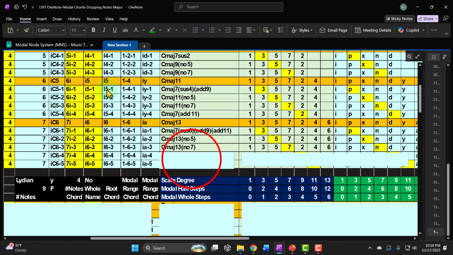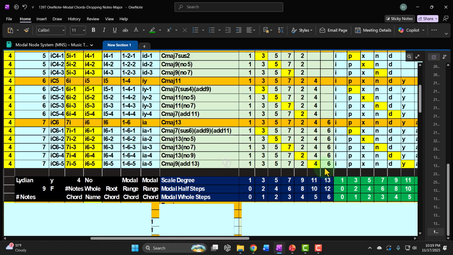And then we could have the next one, which is going to be the C major 13, no 9. So now we're going to the 13, we're dropping the 9. So that's fine. I'd rather call it a 7I -4 or an I6 -4, meaning we're going to be dropping the one that's 4 modal whole steps up, which is 4 times 2, 8 modal half steps, plus 1, 9th scale degree. And finally, we have this one, which you would think would be a C major 13 and then no 11.